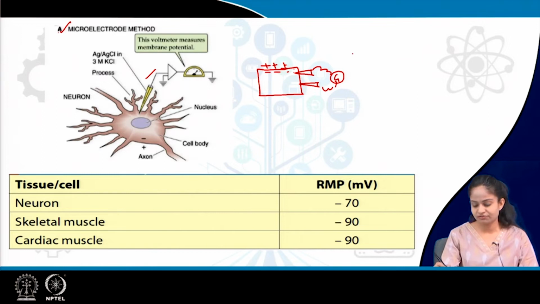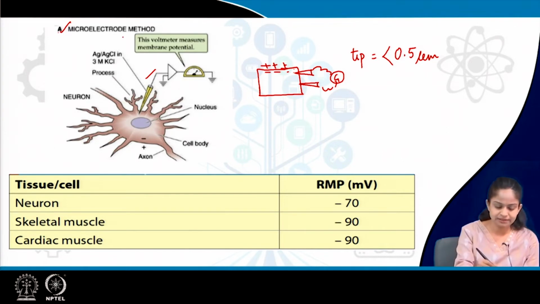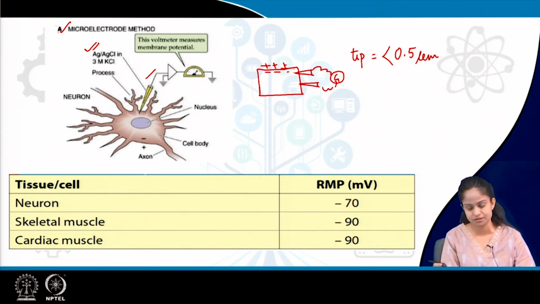So, the diameter of the tip of the micro electrode should be less than 0.5 micrometer, and these micro electrodes are made up of glass. So, 2 micro electrodes usually we connect and we measure with the help of a galvanometer. We have a solution in that, usually it is silver chloride in 3 molar KCl, or potassium chloride solution. If you could remember this, it is well and good.